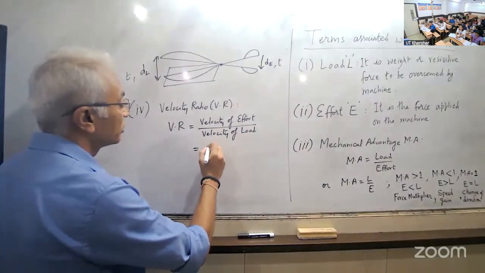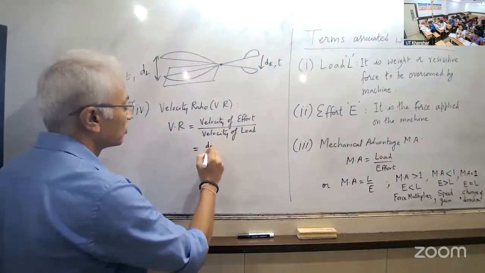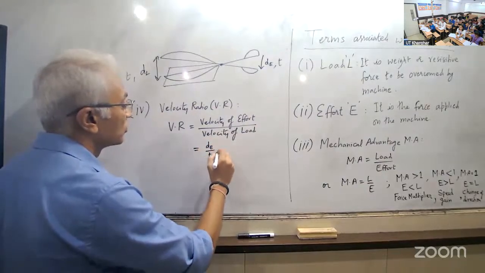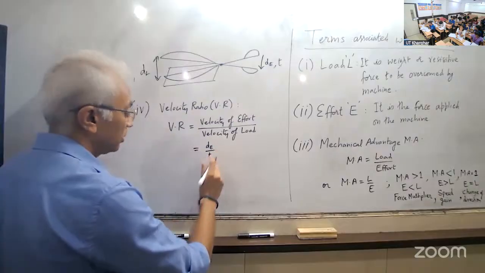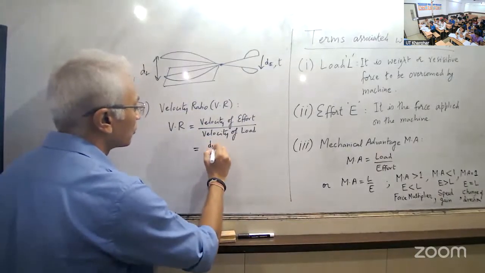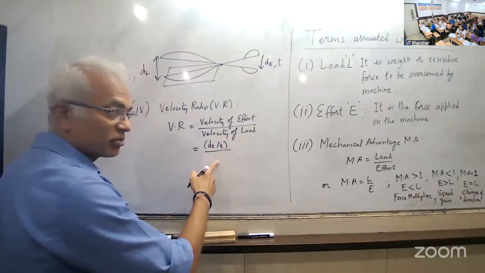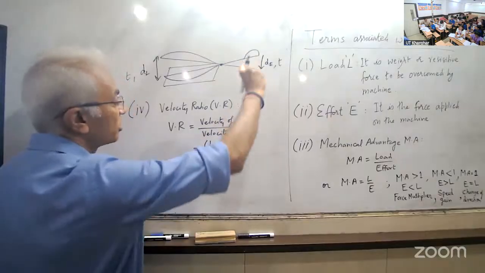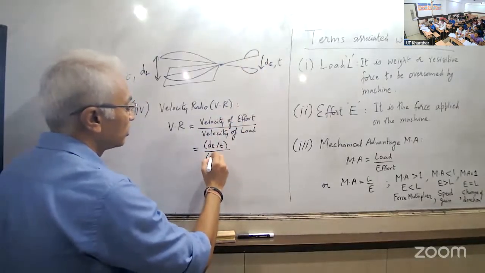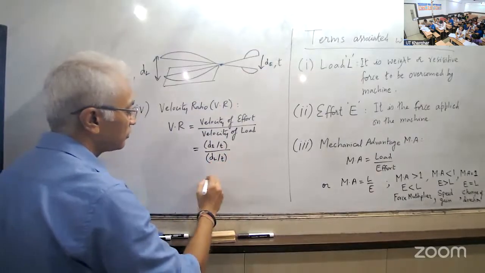Displacement of effort divided by time. What is velocity? Displacement upon time. So displacement of effort upon time divided by displacement of load upon time.